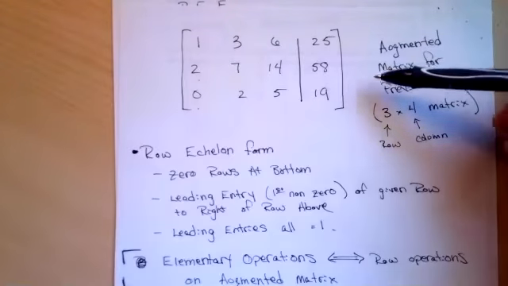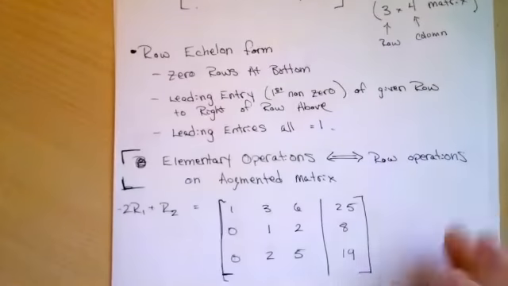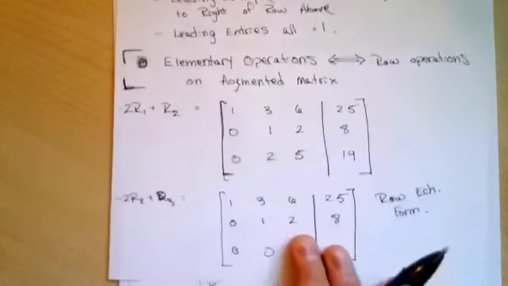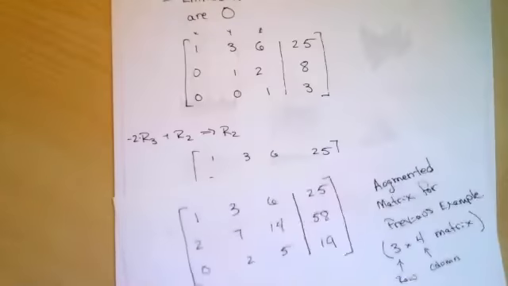So now we did elementary row operations on this guy to eliminate our x's, then eliminate the y's below. And then we went back and performed row operations to put it in reduced row echelon form.